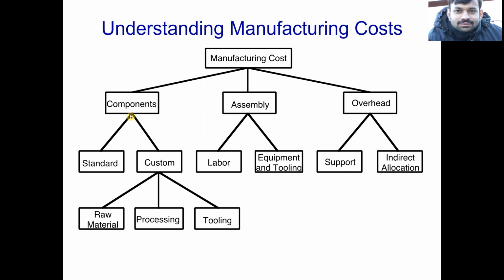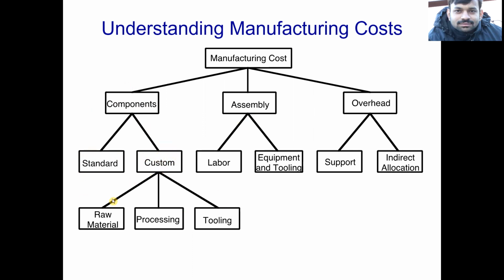So the component costs can be further divided into two parts, that is standard component and custom component. Many standard components are already available in the market, which we can directly purchase. But if that standard product is not feasible in our assembly, then we have to get a customized component, and we have to get it done by some other sources.